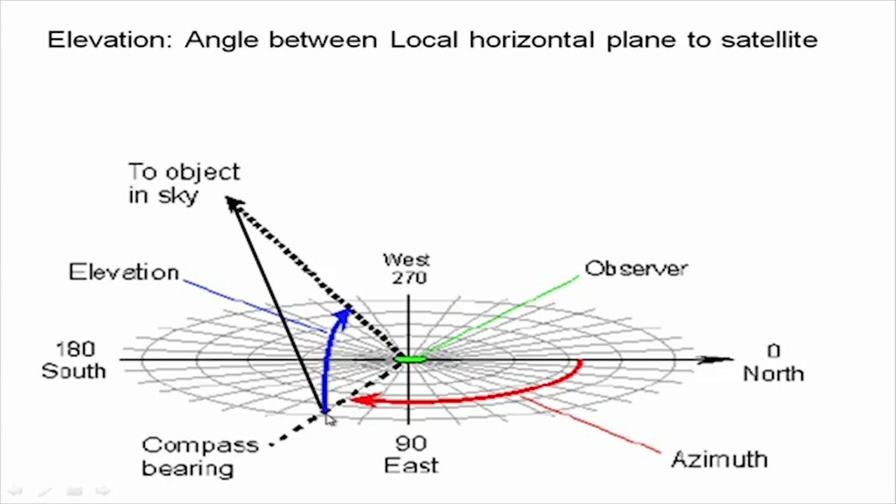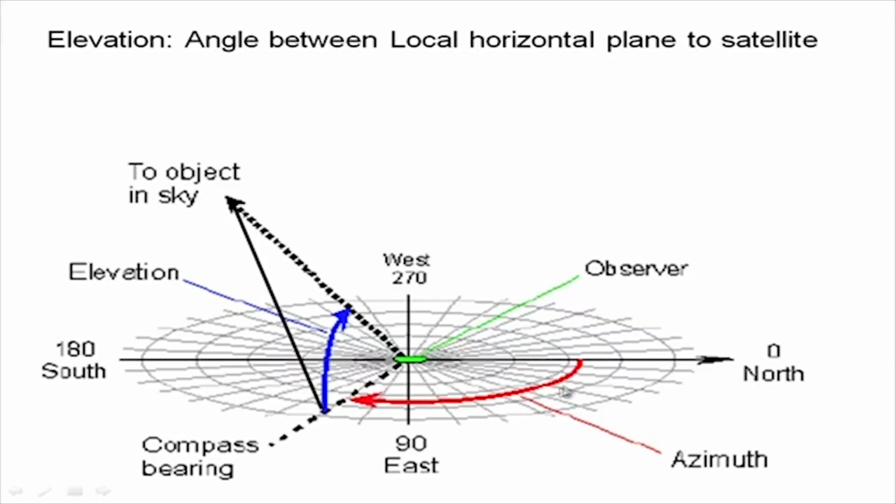That means you are looking from the horizontal plane, going up and looking towards the satellite, and also this angle has to be rotated from the north eastward. So, you orient your antenna eastward and you will again come to that line and you will get the azimuth. So, this is azimuth and elevation.